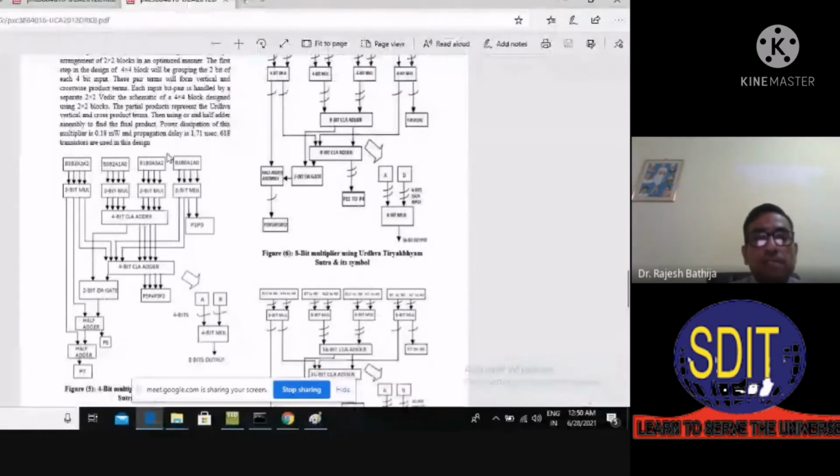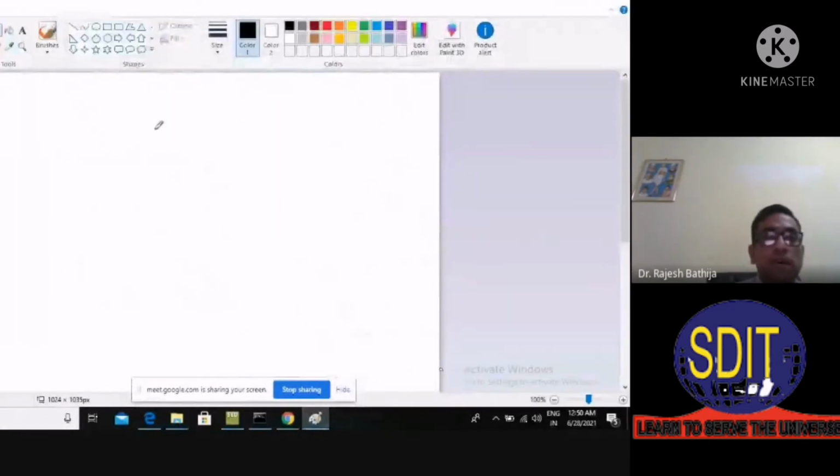Right now, if there are 4 bits, suppose for example 0, 0 and 1, 1. These are the 4 bits of this. Now, how can we use the previous 2-bit multiplier using the UT Sutra, right?